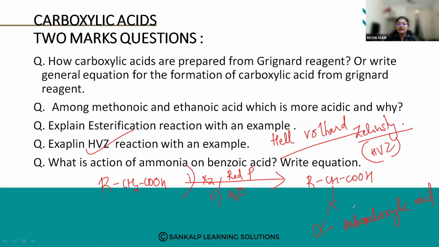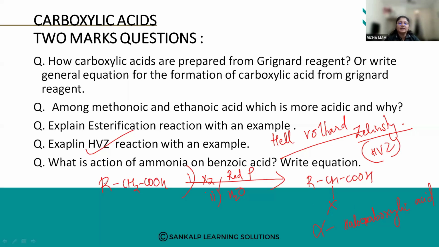Carboxylic acid having an alpha hydrogen on treatment with chlorine or bromine in the presence of red phosphorus gives you alpha halocarboxylic acid. This is known as the Hell-Volhard-Zelinsky reaction.